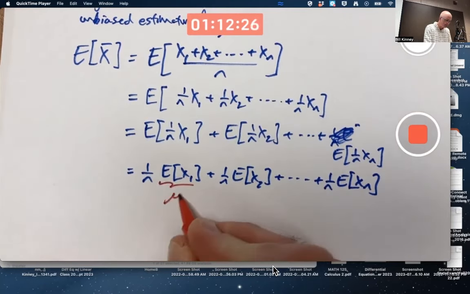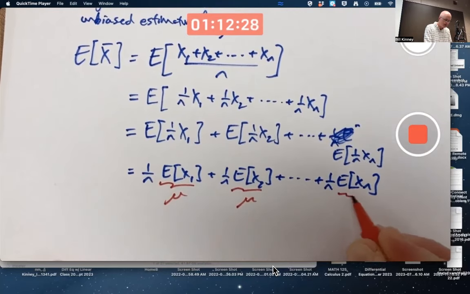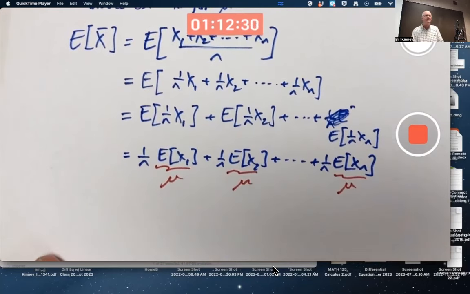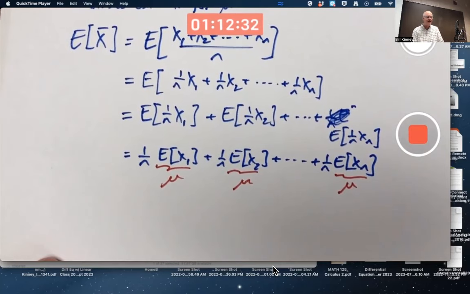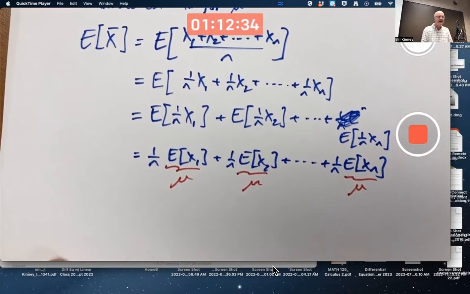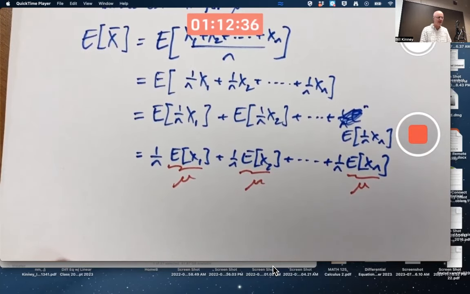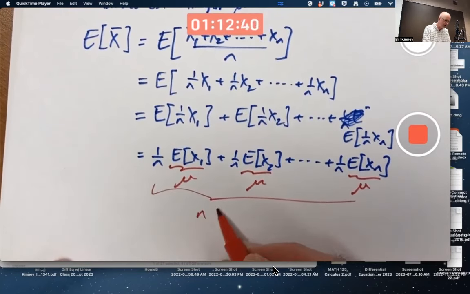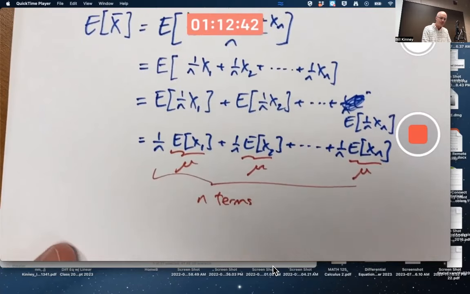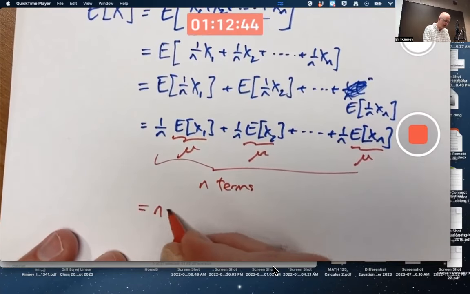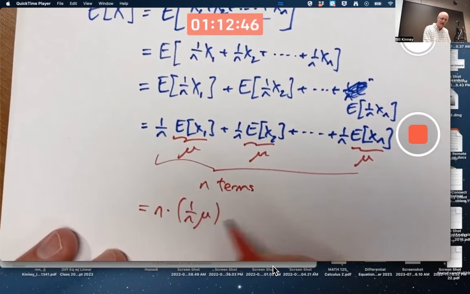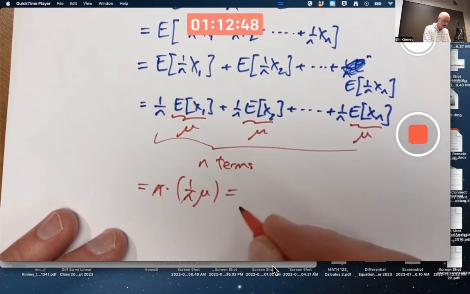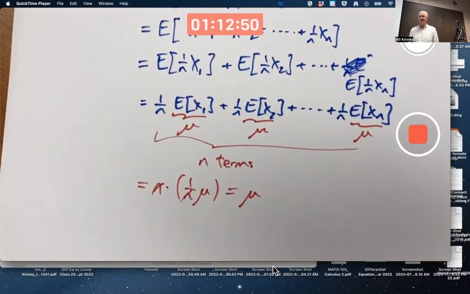They're all mu's. No subscripts. So I've got 1 over n times mu plus 1 over n times mu plus ... plus 1 over n times mu. How many terms? There's n terms here. This is n times 1 over n times mu. The n's cancel. You're left with mu. Done.